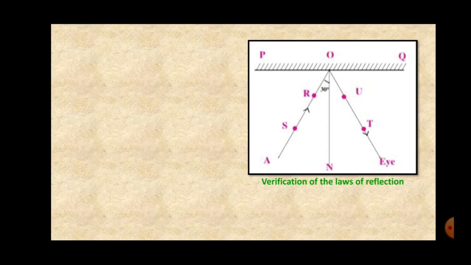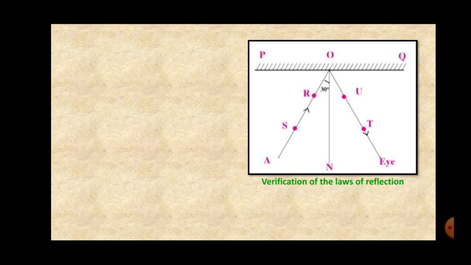Now we have to fix two pins at points S and R on the incident ray. Now we have to look at the reflection of this incident ray from the other side of the normal.